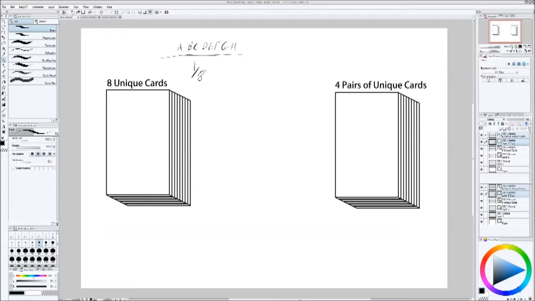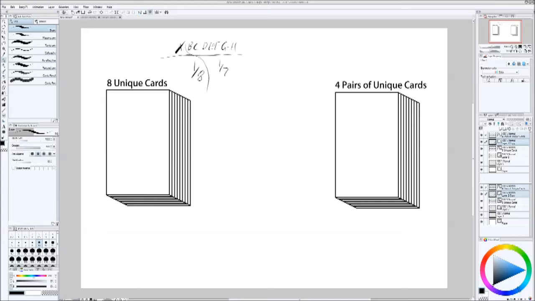You've got 1 chance in 8 of drawing a specific card when you've got 8 cards in total. And then, once you've drawn that, let's say we draw A first. Then, once that happens, you've now got a 1 in 7 chance. Because you've now got 7 cards left, you've got a 1 in 7 chance of drawing any particular card. And that just keeps going.